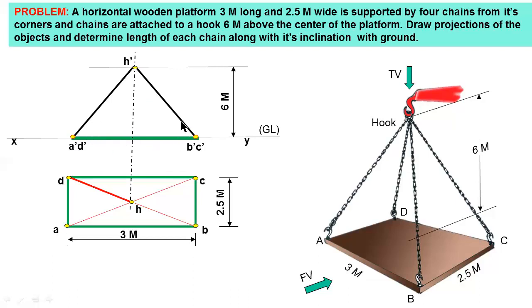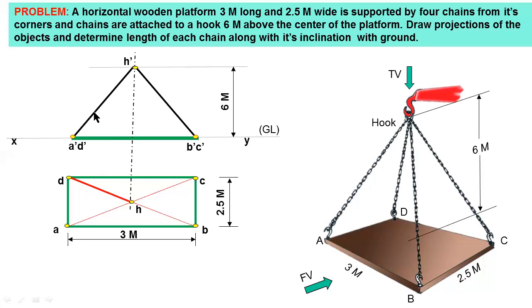This is the front view of this platform. Here H dash B dash is one chain, H dash C dash is another chain, H dash A dash is one chain and H dash D dash is another chain.